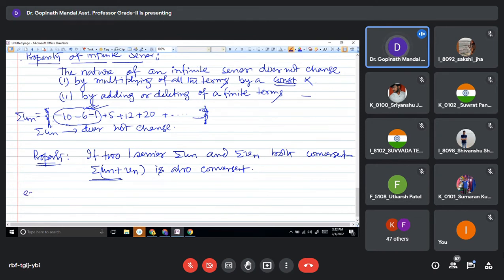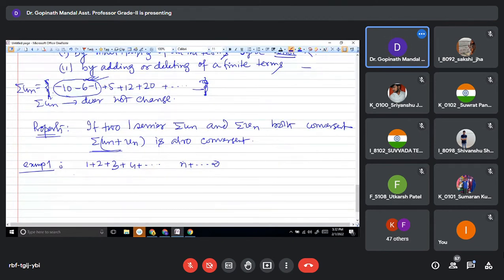Some examples. Find the nature of the series 1 plus 2 plus 3 plus 4 up to n and infinity. So we have to find the nature of the series. So first find Sn, the sum up to nth term.